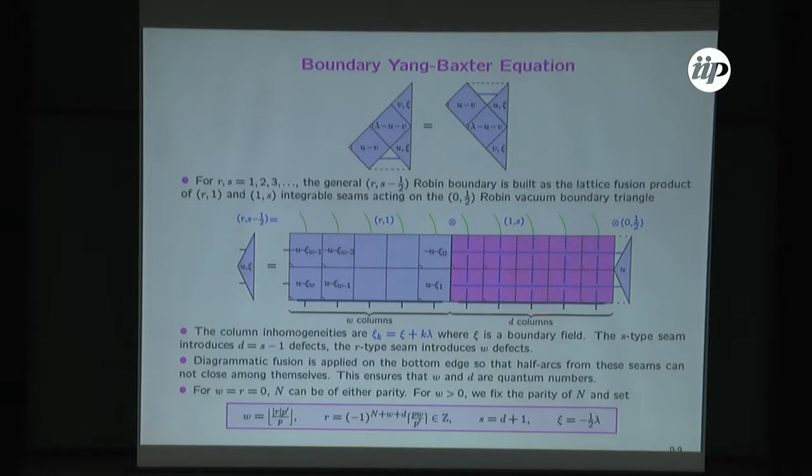So the number of defects is actually related to S just by D equals S minus 1, as I said before. The relation between W and R is much more complicated, and actually this arithmetic type formula comes out of studies involving corner transfer matrices. It's not obvious to guess the relation between the R Kac label that you will observe and the width of this seam, but it's actually given by this floor function of the absolute value of R multiplied by p prime on p.